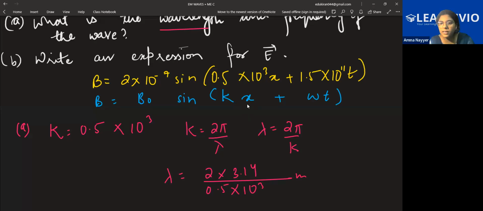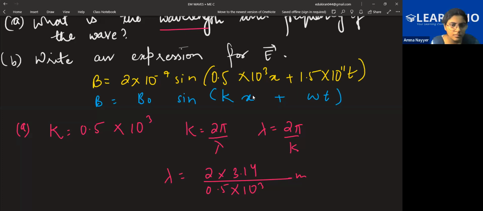Siddhika, can you tell, for frequency, out of all these which should be used? Okay, Taha, you answer. Yes, Taha?